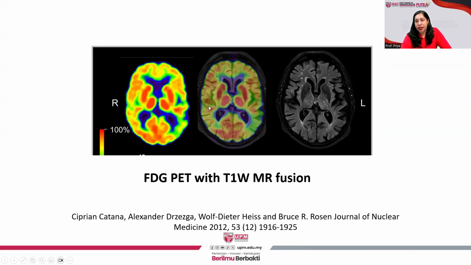This image is superimposed with the PET and the MR image to get the PET-MR fusion image. You can see excellent anatomical demarcation of the cerebral cortex and see all the gyri and sulci very clearly due to the high soft tissue resolution available in MR imaging, and you can see the functional imaging of glucose metabolism due to the superimposed PET imaging.